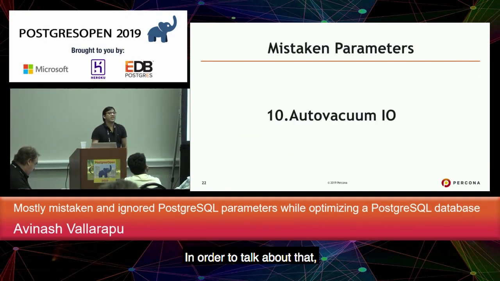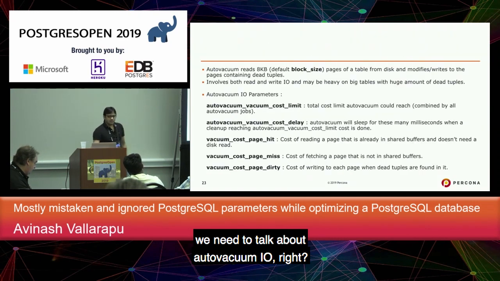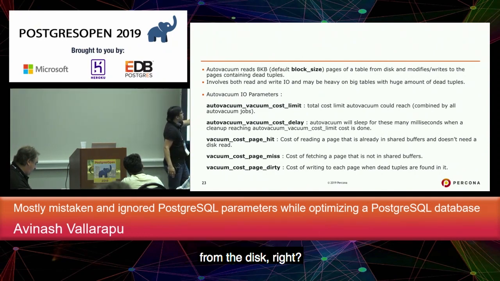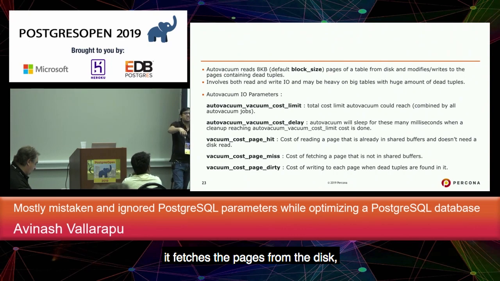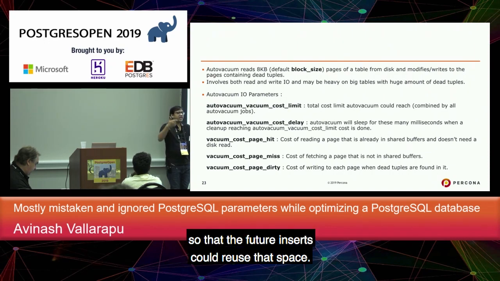In order to talk about that, we need to talk about AutoVacuum I/O, right? So an AutoVacuum reads 8 KB pages of a table from the disk. What AutoVacuum does basically is fetch the pages from the disk and then look for the pages, nothing but the blocks, that have the dead tuples, and cleans those dead tuples up so that future inserts could reuse that space.